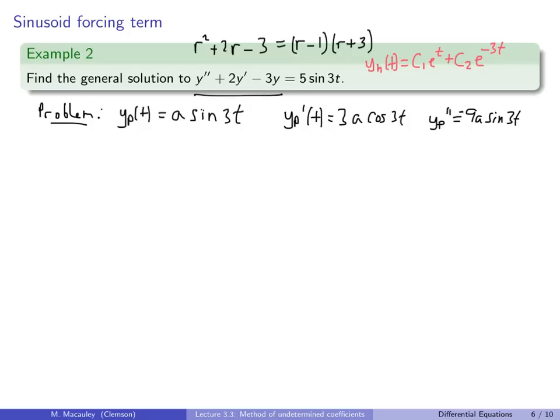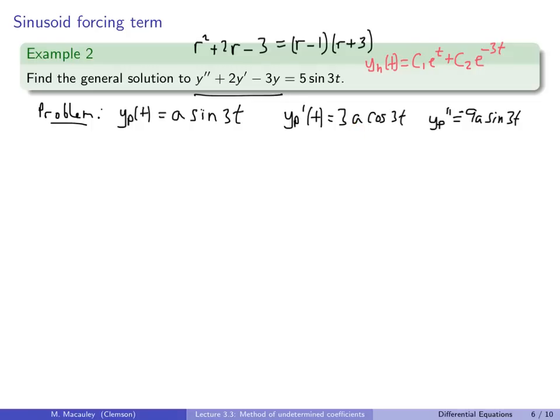So when you plug this thing back in, this is going to give you sines, this is going to give you sines, this will give you cosines. So there's no way that this cosine here is ever going to cancel out with the sines in the remaining terms. In other words, if you plug this back in and move the sines to the right-hand side, you're never going to equate a sine wave with a cosine wave for any value of a.